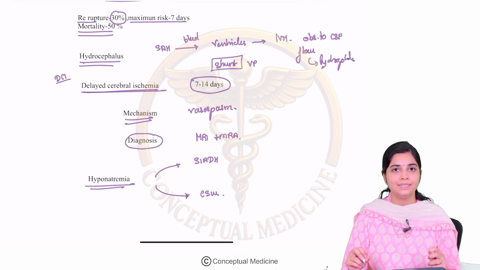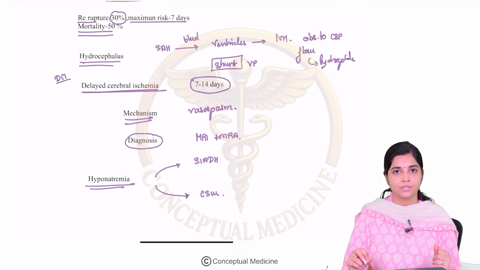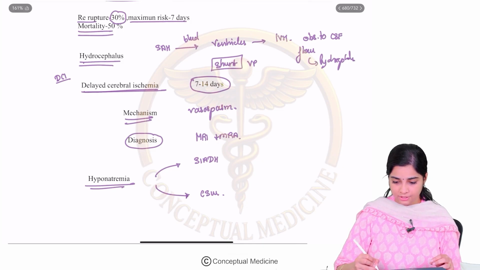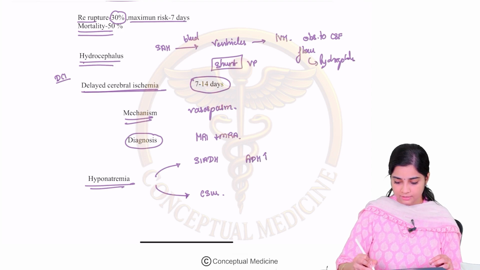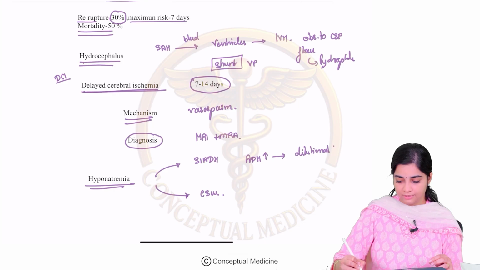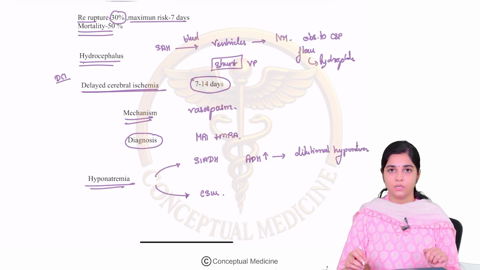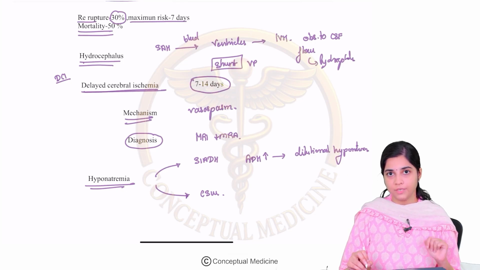Antidiuretic hormone's basic function is that it is mainly responsible for the reabsorption of water, or it helps in antidiuresis and volume expansion. So if the ADH is inappropriately high, there can be a dilutional hyponatremia. This is your SIADH, which can happen secondary to SAH.